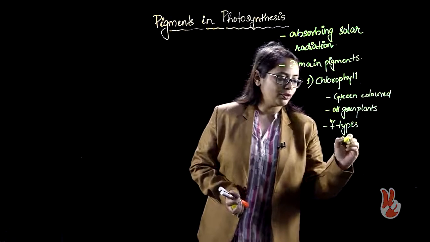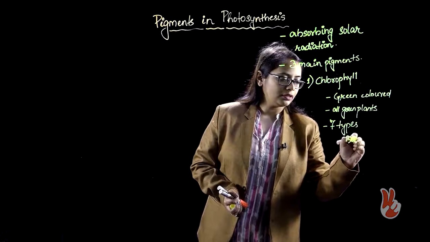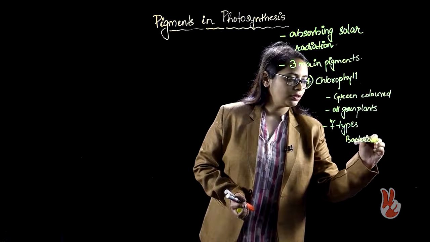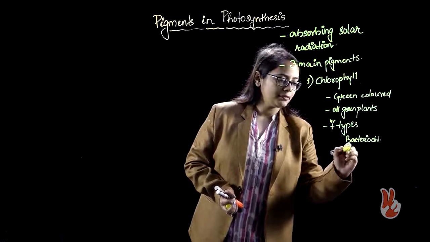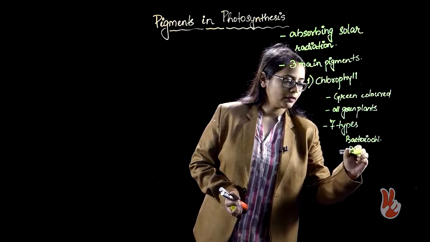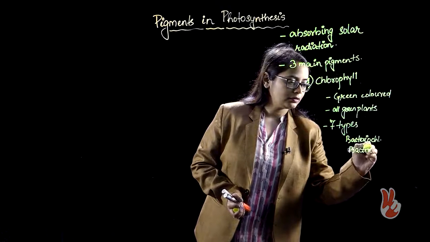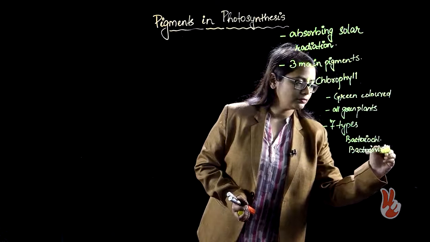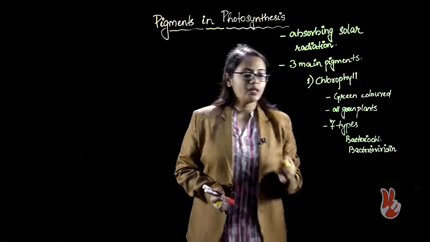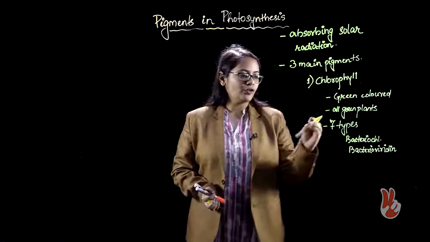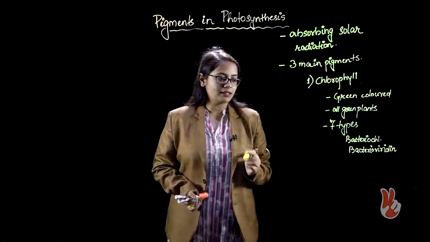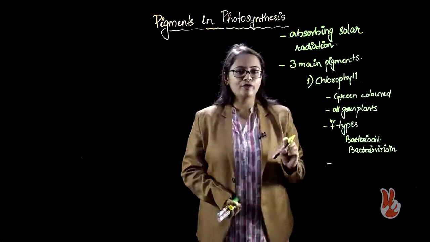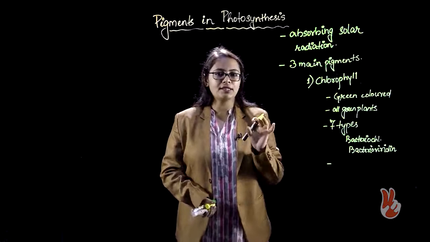The bacteriochlorophyll and bacterioviridin are present only in photosynthetically active bacteria. Next, the chlorophyll is present in the reaction center.